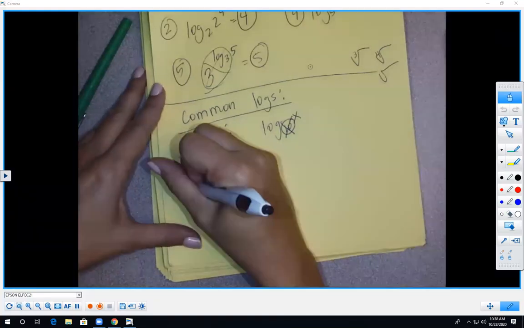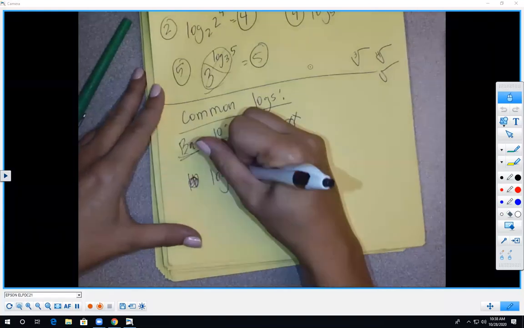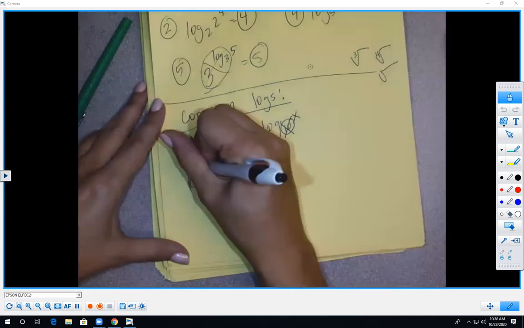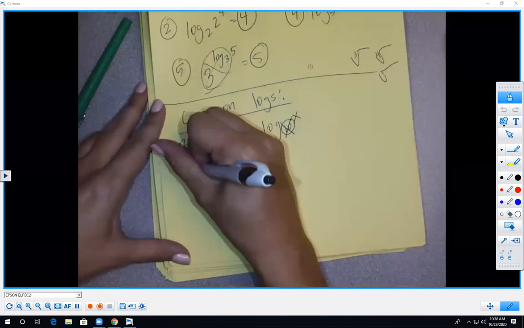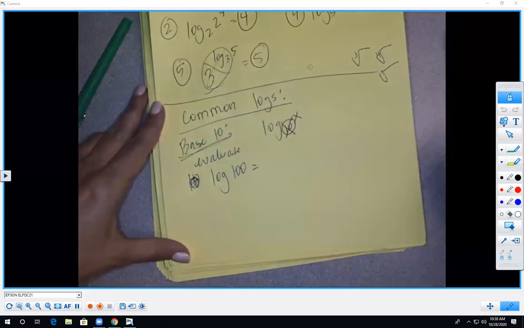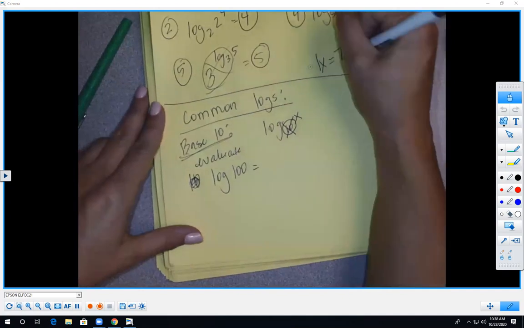Okay, so if I wrote log of 100, and I'm trying to evaluate that log of 100, I automatically know it's base 10. It's fine for you to write base 10 in your answer. It's kind of like writing 1x equals 7. Do you need to write the 1 there?